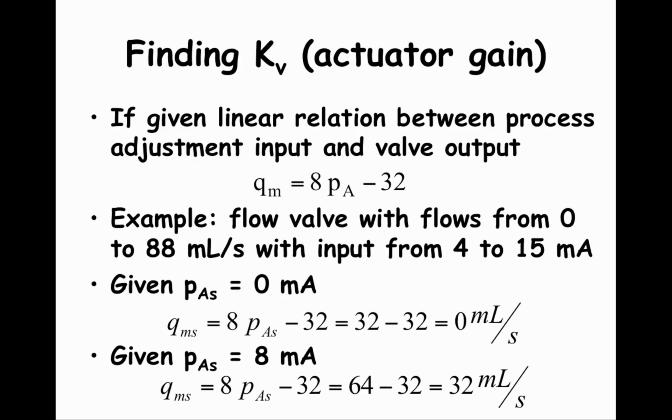So if the control signal is 4 milliamps, the valve has zero flow, and if the control signal is 15 milliamps, the flow is 88 milliliters per second. Now we are told that the steady state control signal for the process is 8 milliamps. We can use this information to find the steady state flow rate through the valve. In this case, the steady state flow rate, Qs, is 32 milliliters per second.